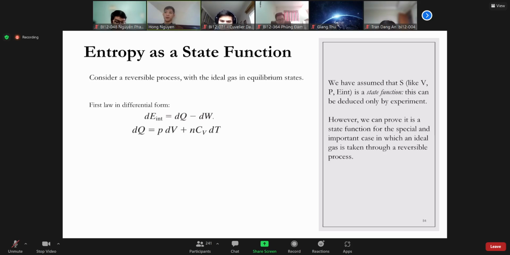Then remember, for our ideal gas, if we want to calculate the heat, the very small change of the work is P dV, and the very small change in the internal energy equals n C_V dT.